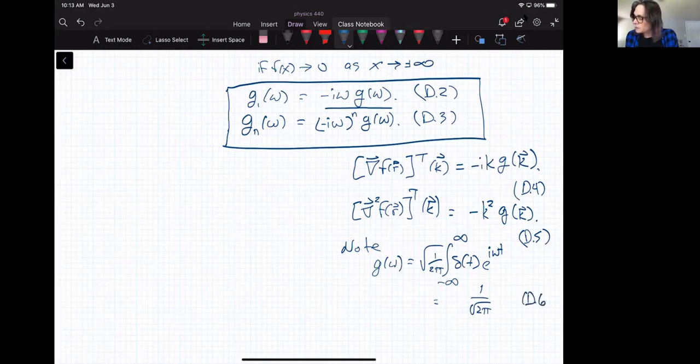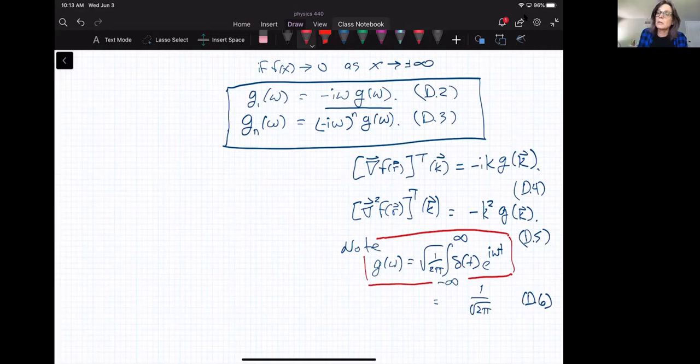In other words, if you think about some of our definitions of the delta function, D.6 gets us back to one way of defining the delta function. There's a normalization constant in there, but essentially this is one way of expressing the delta function.